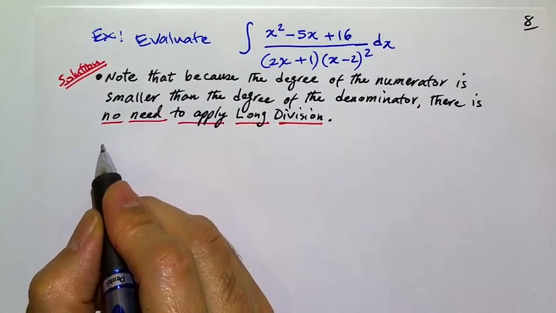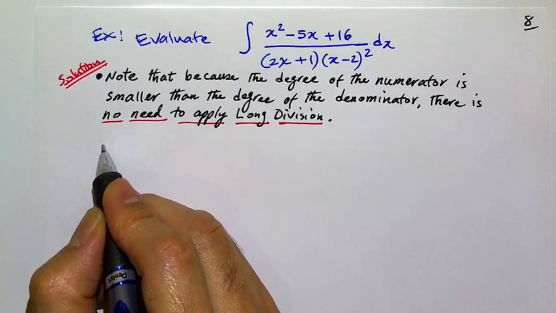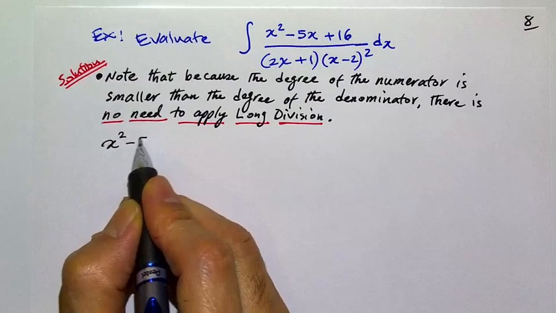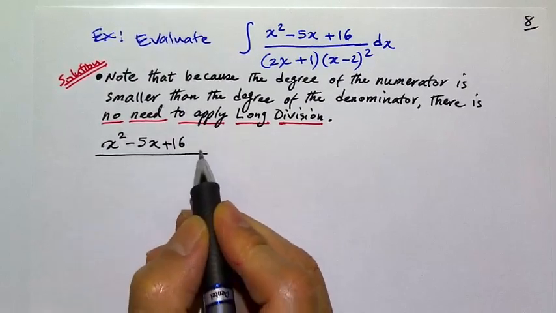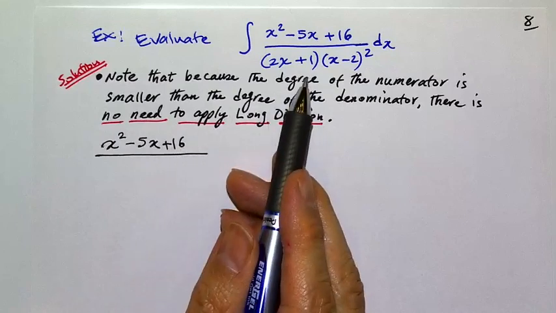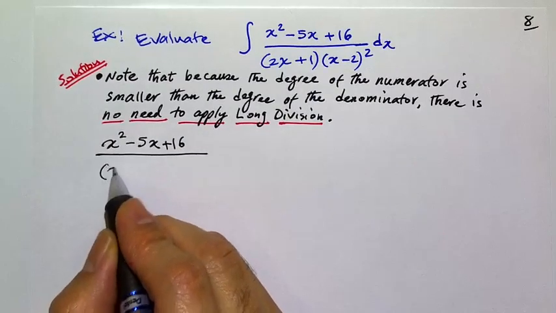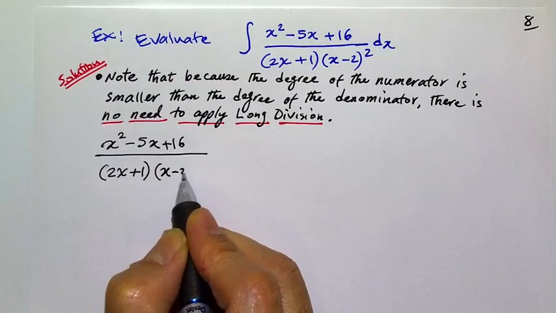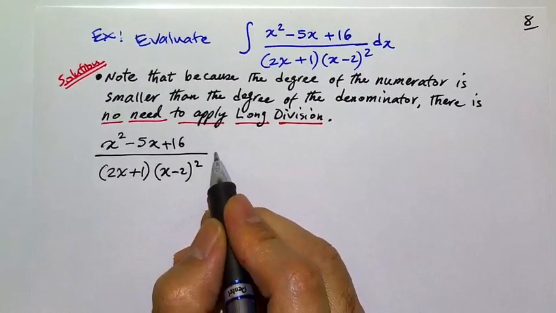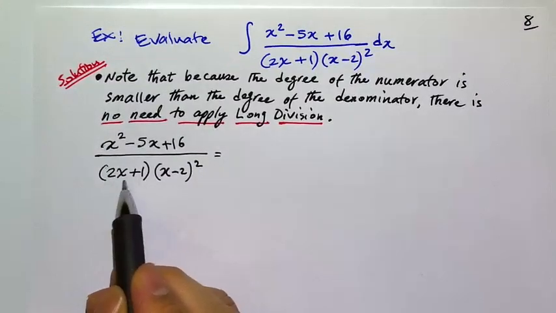So we have (x squared minus 5x plus 16) divided by (2x plus 1)(x minus 2) squared. This is a linear factor, right?